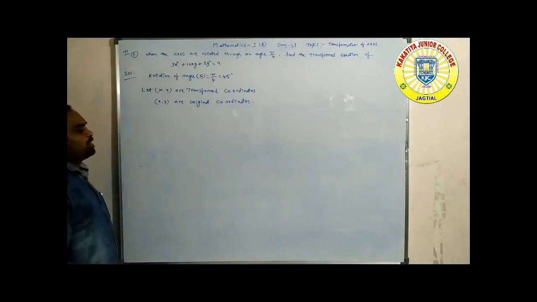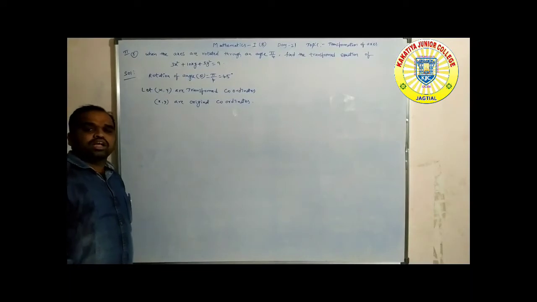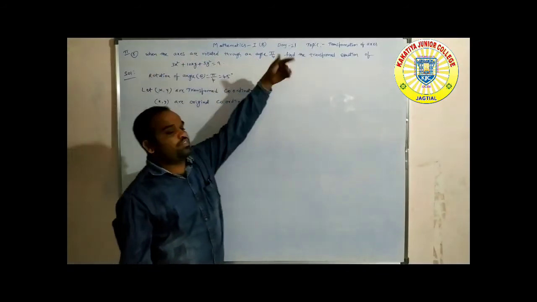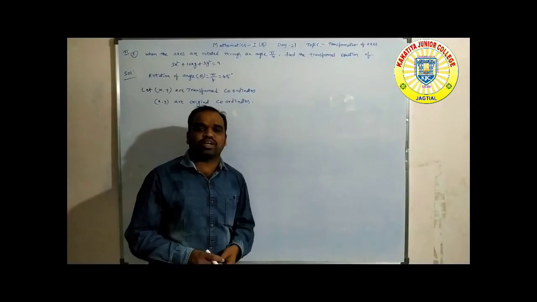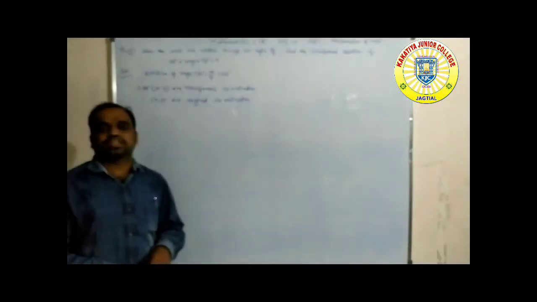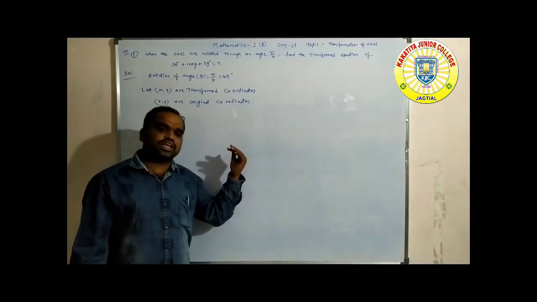Small x comma small y are original coordinates. Capital X comma capital Y are transformed coordinates. Given equation is the original equation. This original equation we are converting into transformed equation.